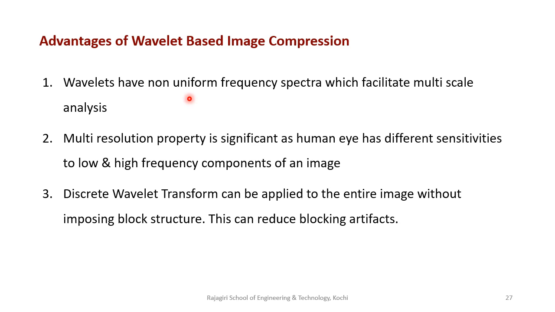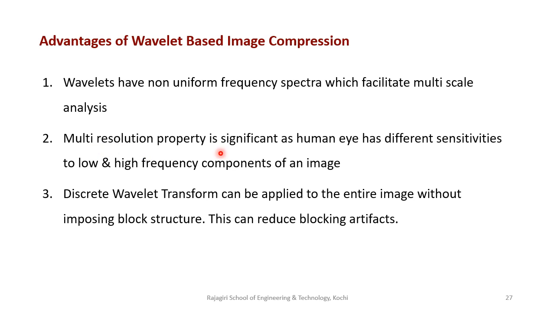Wavelets have a non-uniform frequency spectra which facilitate multi-scale analysis. They exhibit good localization in both the spatial and frequency domain, unlike other transforms such as the Fourier transform or cosine transform, which give good localization only in one domain at the expense of the other.